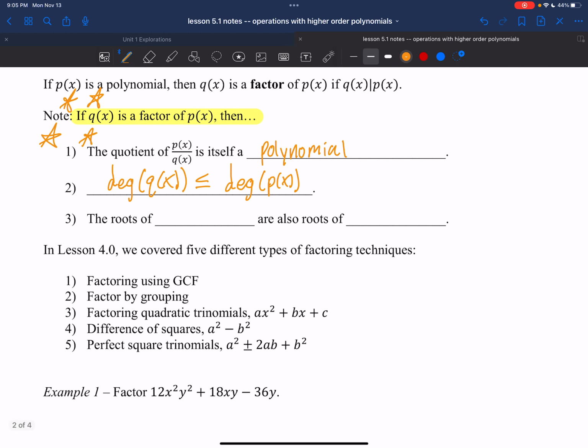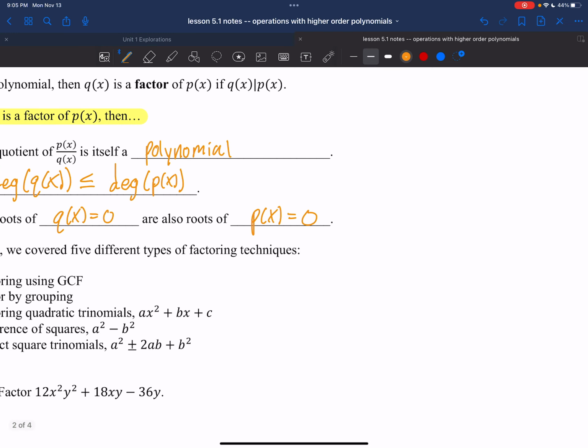Okay, lastly, the roots of Q, which is the divisor, what you're dividing by, the roots of Q of X equals 0 are also roots of P of X equals 0. Now, it's not necessarily true the other way around, right? Again, think about this. If you look at x squared minus 4, what are the two roots? Well, 2 and negative 2.